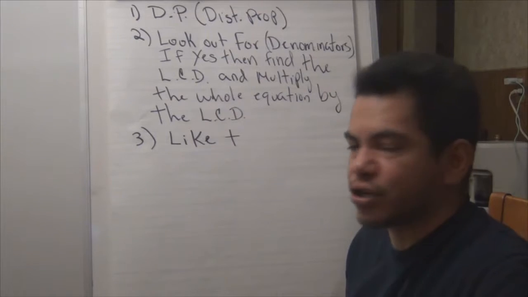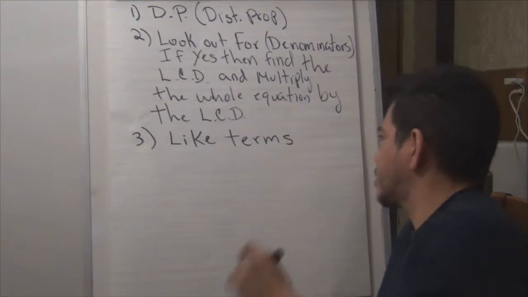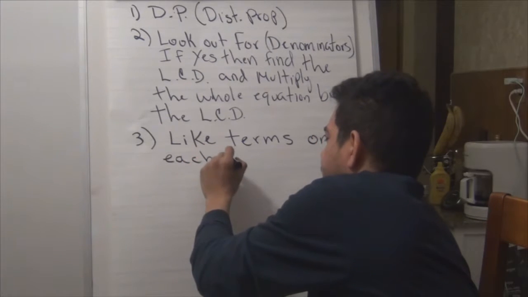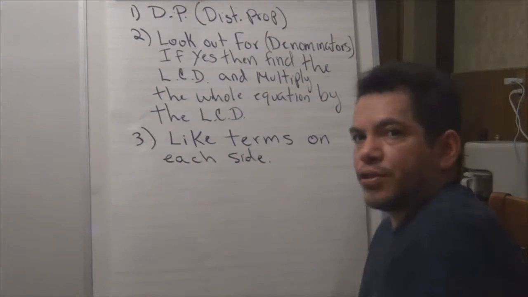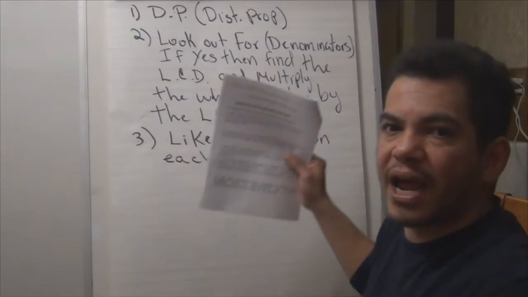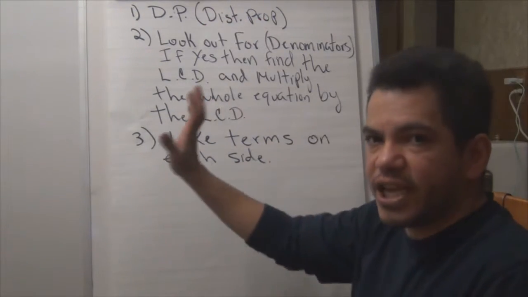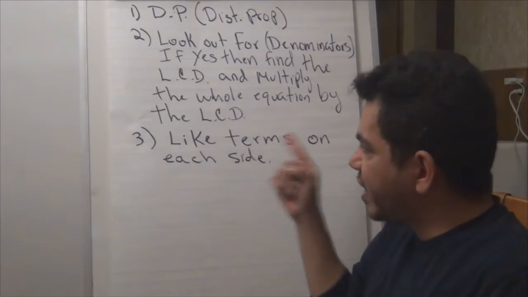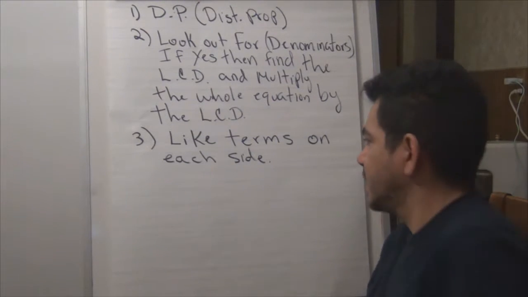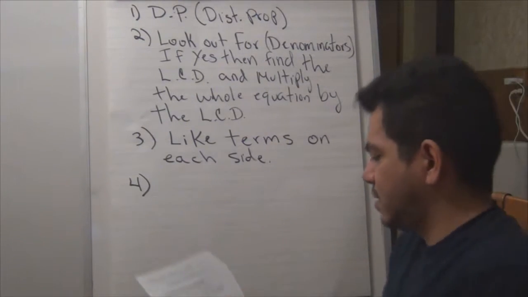I'm saying check for like terms. But make sure that you check for like terms on each side. Don't be like, oh look, there is a 2x here, there is a 3x on the other side. No, that's not what I meant. I meant check on each side, just like we've been practicing before. Are there like terms? If there are, then you combine them. If not, then relax. Because if you don't have like terms, that's why rule number 4 was created.